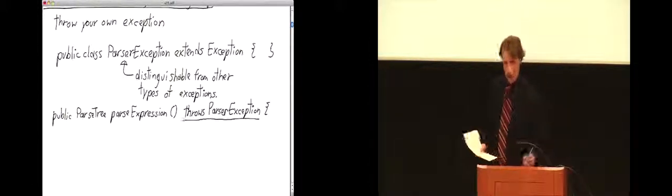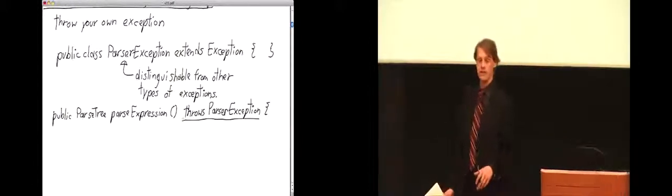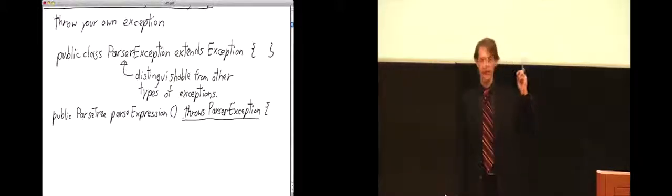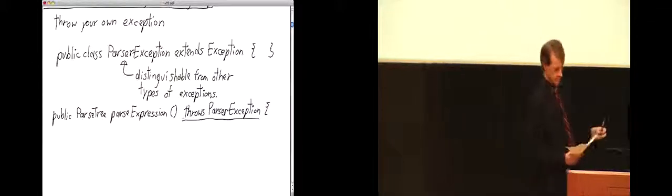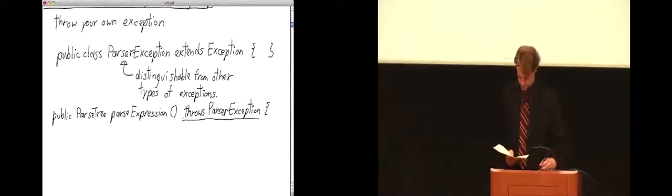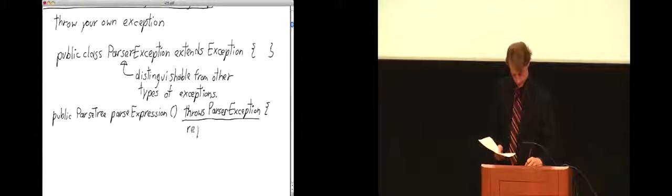And since we're going to write code that can throw a parser exception, we have to declare it. We have to say to Java, this is a method that might throw a parser exception, so be prepared for that. So this bit is required.